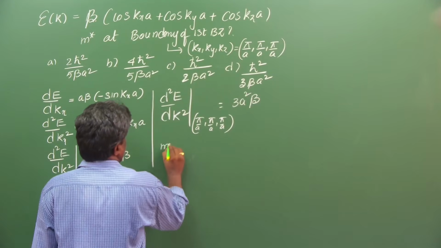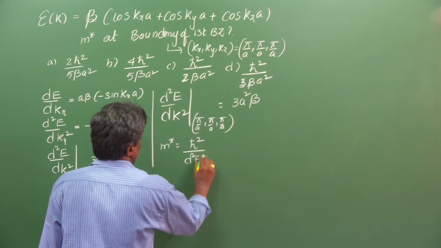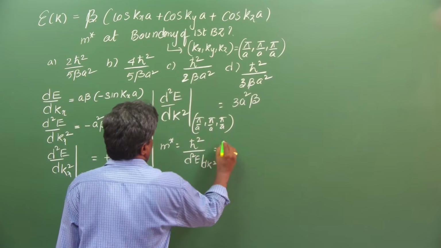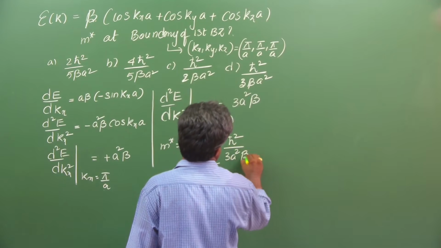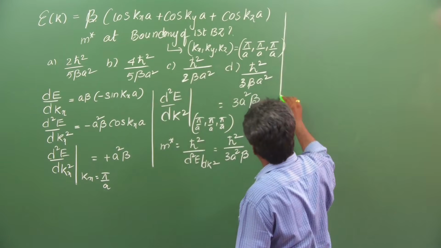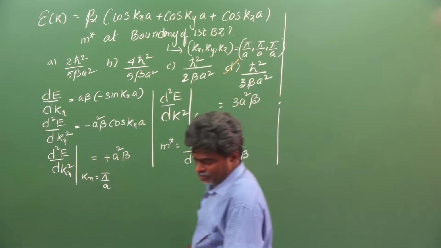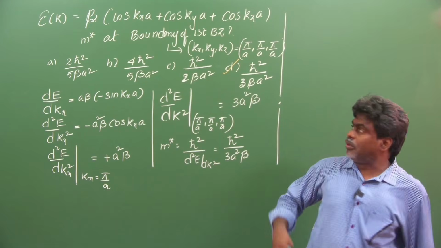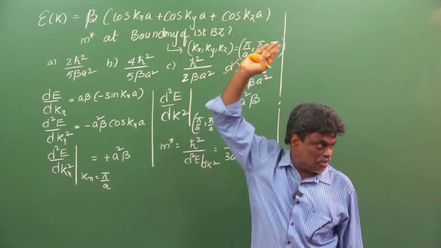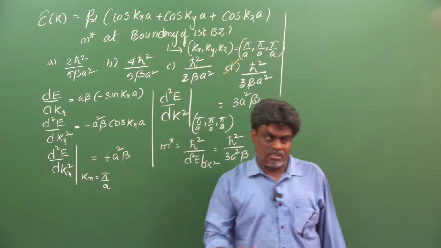Now find m star, h cross square by d square E by dk square. Please don't copy. If you are copying this, you don't know differentiations. Don't do it for each term because it takes so much time. Do it for one and write similarly. You can save so much time.